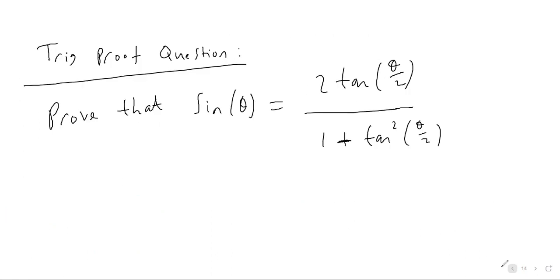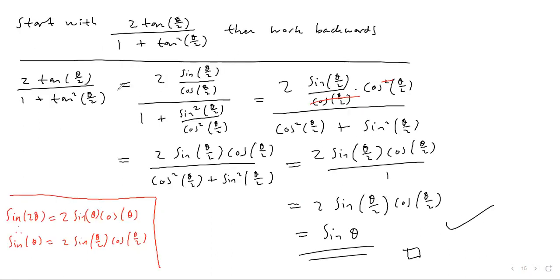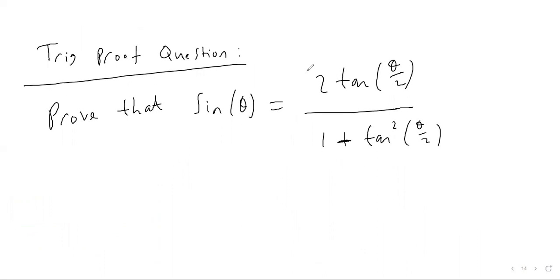We've proved that formula using a little trick where we rewrite tan as sine over cos, multiply by this cos squared, and then realize that two lots of sine theta over 2 times cos theta over 2 is the same as sine theta because of the double angle formula. We can just half the angles in the double angle formula and we get our result. So that's how you prove this specific identity that we wanted to prove today.